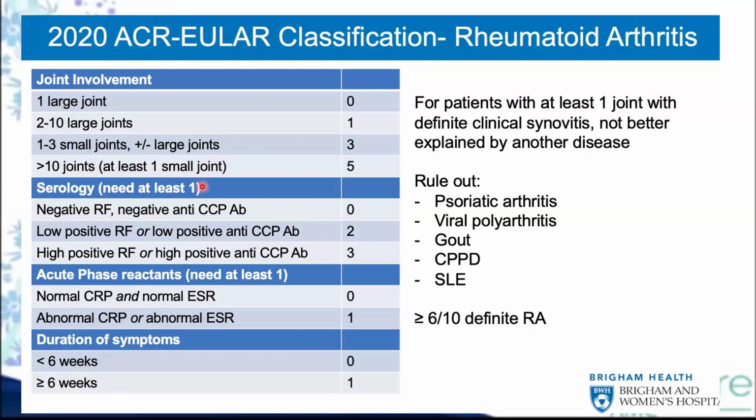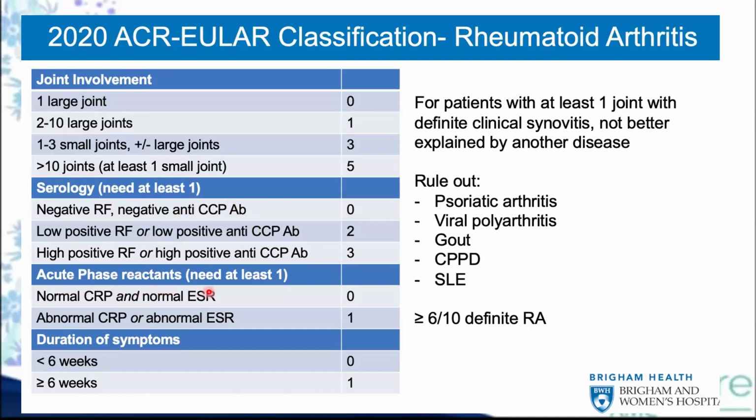So in rheumatoid arthritis, this is their latest classification, how they give the scores, right? You don't need to know these scores. If it's 6 or more, it's definitely rheumatoid arthritis. So know that if it's just one large joint, you don't get a scoring there, right? And then there are certain serologies that you need. One is rheumatoid factor, the other one is anti-CCP antibodies, right?